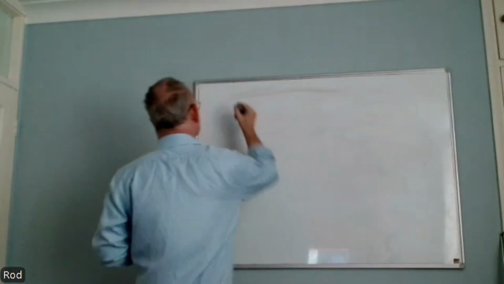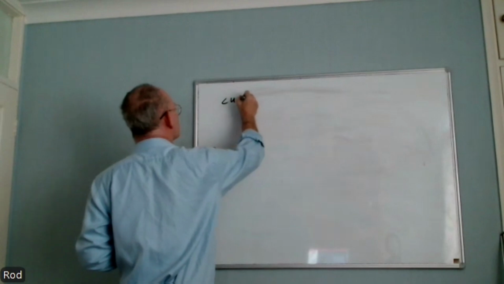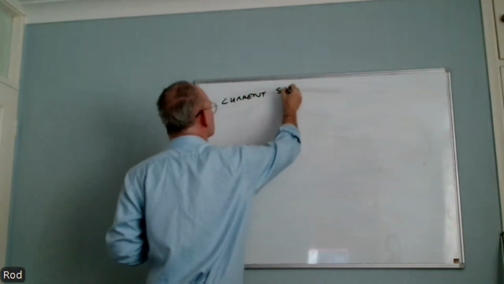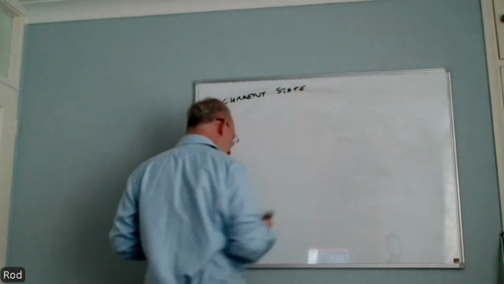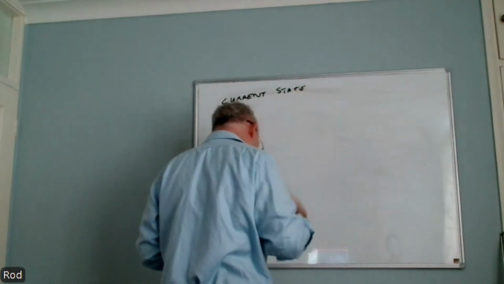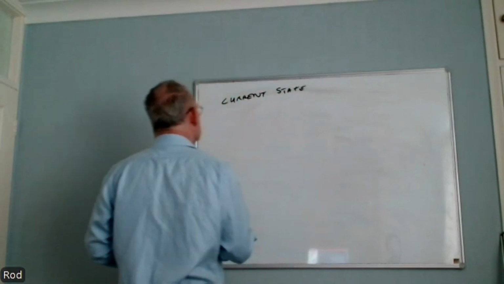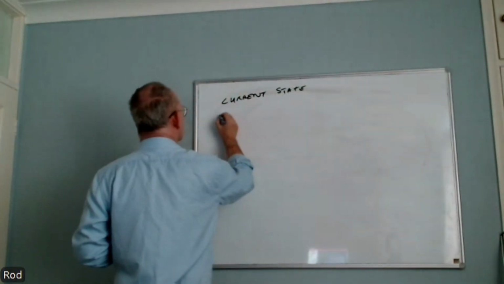We want to think about the current state. And to get at the current state, we're going to be using a whole load of techniques, sorts of things we're going to be thinking about.